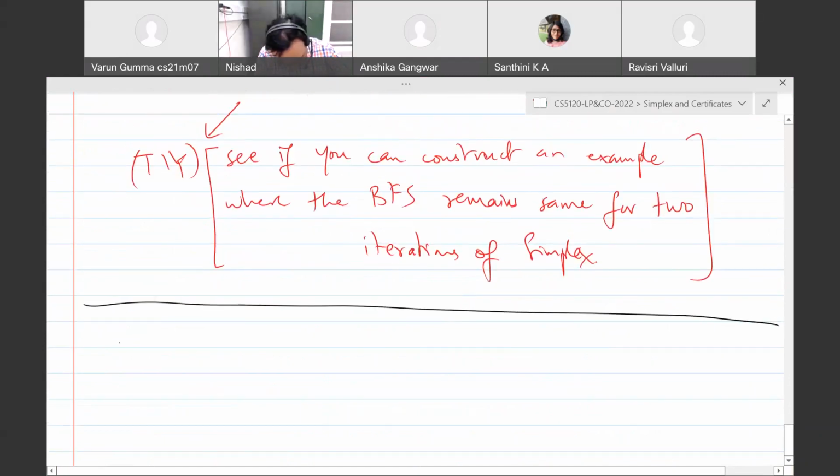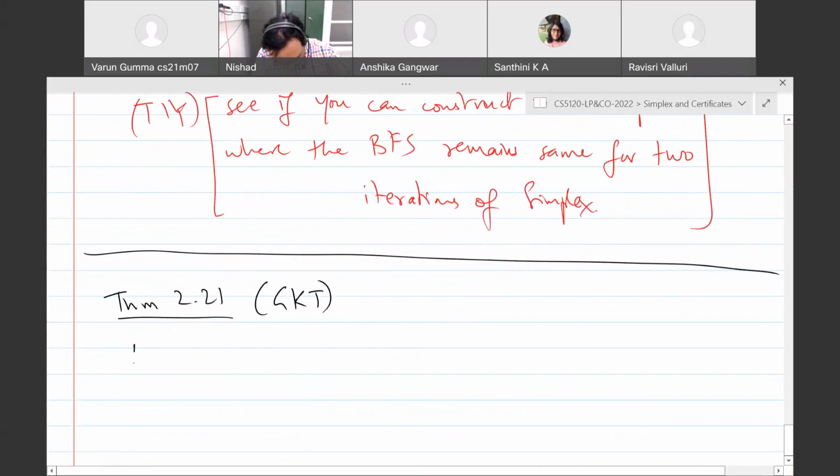So theorem 2.21 in one of the texts we are following is the following. Let A be a matrix with linearly independent rows.